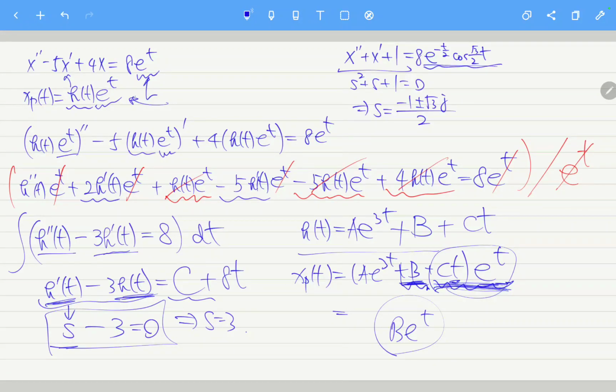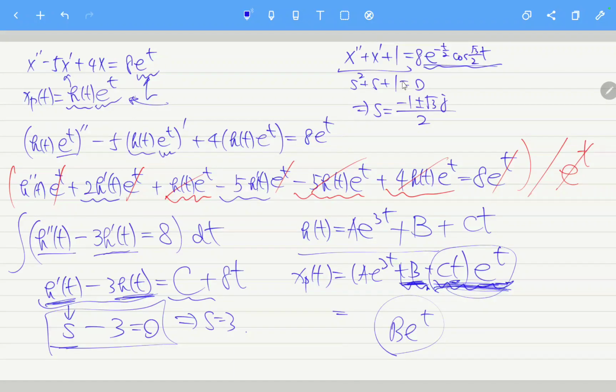If it is something like this, a times this function, then you will quickly see that if you just assume the function is exponential to negative t over 2 and then cosine times a and then plus sine times b, and then you plug it back into the left side, it will be 0.